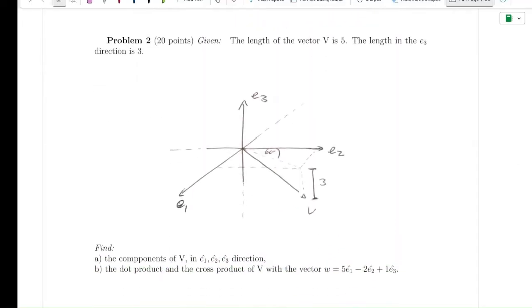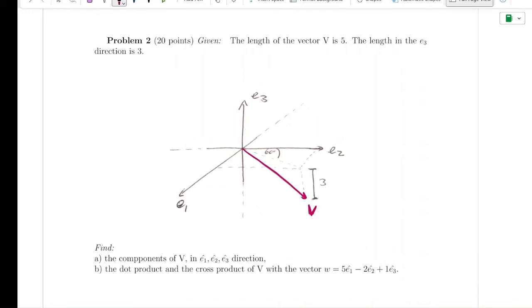Okay, in problem 2, we have the length of a vector v is 5. The length in the E3 direction is 3. Find the components of v in the E1, E2, E3 hat direction, and the dot product and cross product of v with this other vector w. Okay, this is the vector v, and this is, I'm guessing, a v.